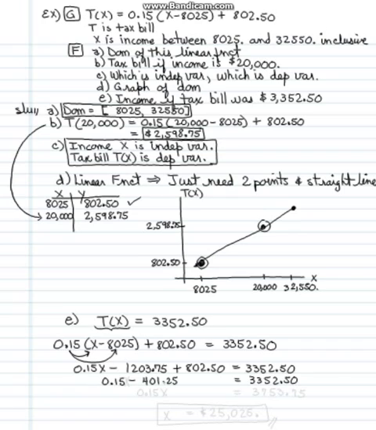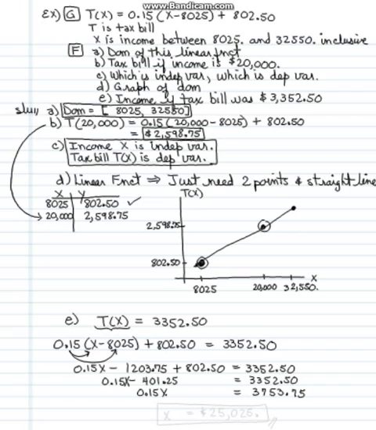And then just isolate, oops, forgot my X right there. Isolate the X term by adding 401.25 to both sides. We get 0.15 times X equals, adding that 401.25 to both sides, 3753.75.